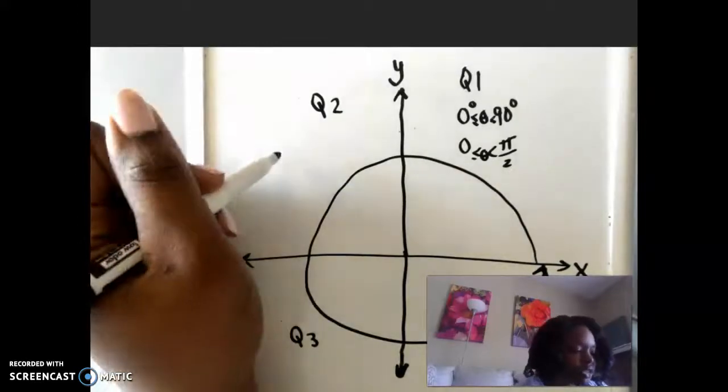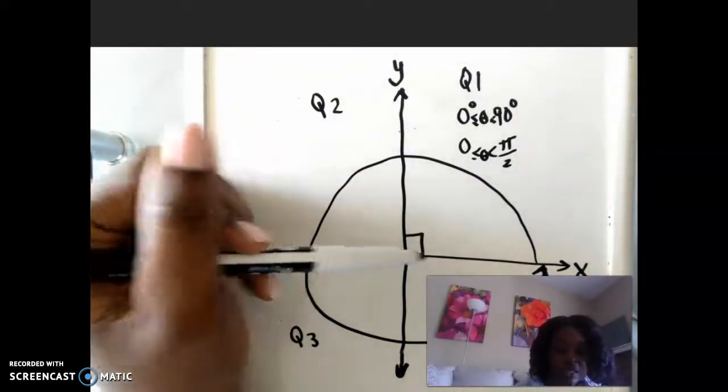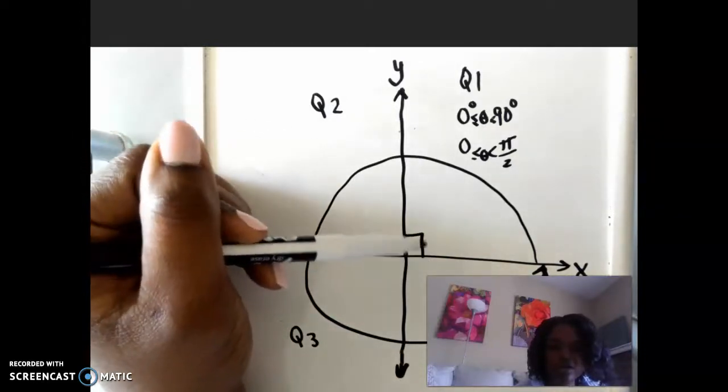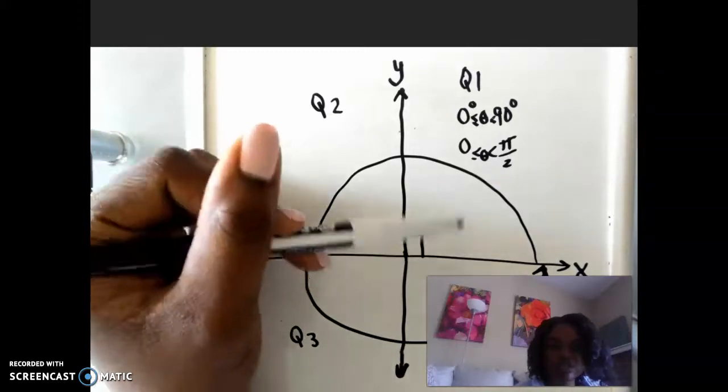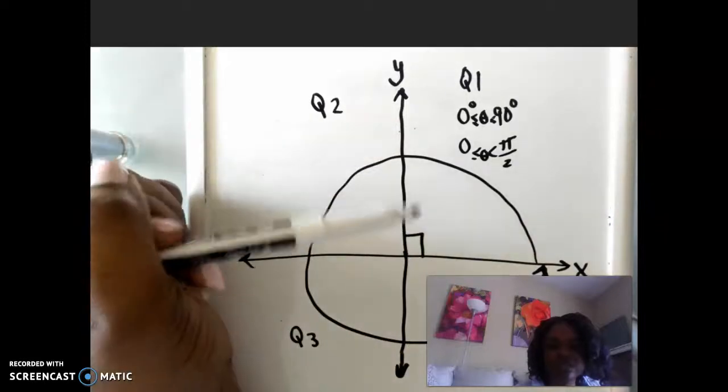In the second quadrant here, remember this makes a 90-degree angle. The X and the Y axes are perpendicular. So this is the 90 degrees, that's where I'm getting the 0 all the way to 90 degrees here.